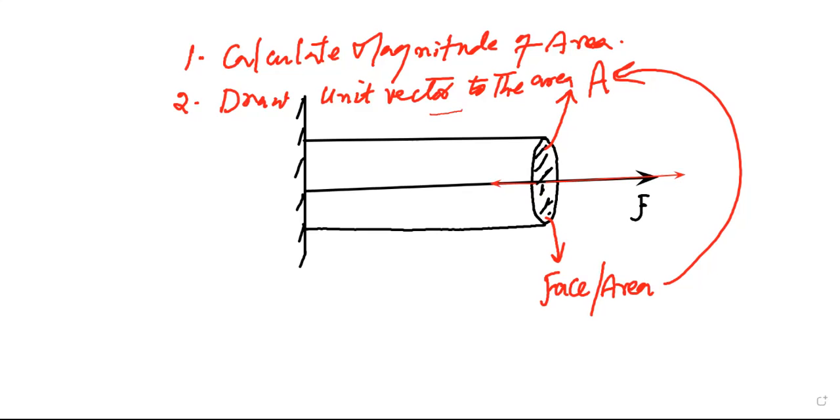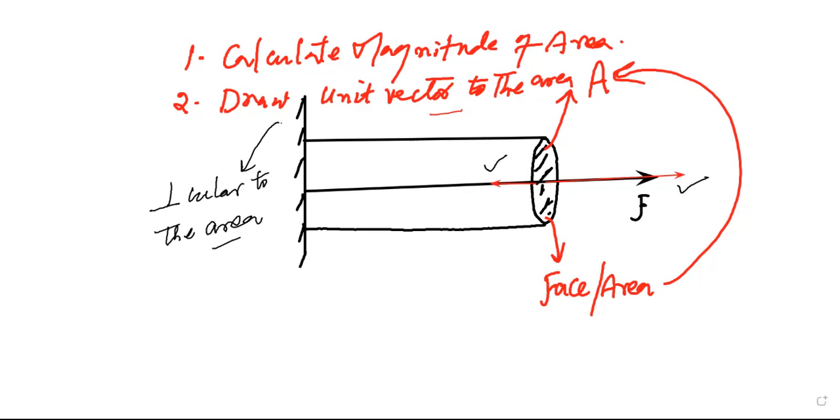Now the question is, how do we draw the unit vector? The unit vector is to be drawn perpendicular to the surface of the area. If we have to draw a perpendicular to this area, we can draw it in this direction, or in this direction. Now, which of the two directions is correct?